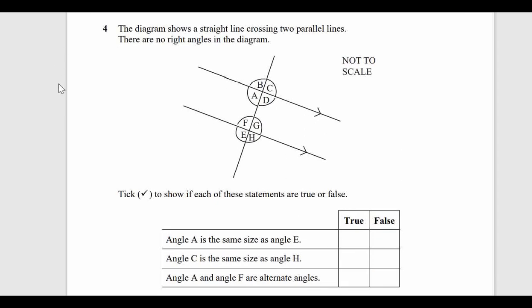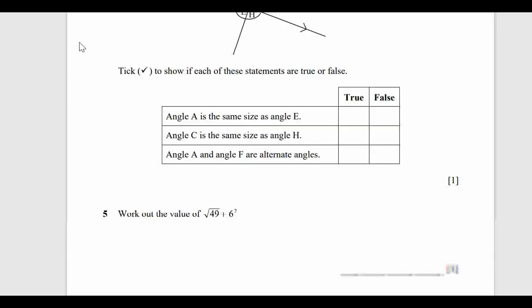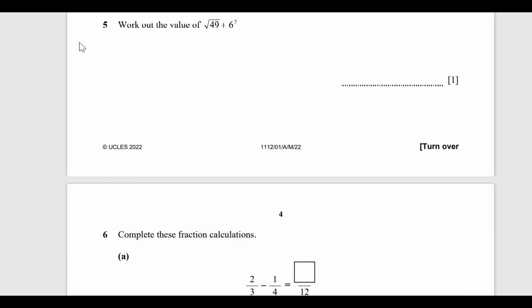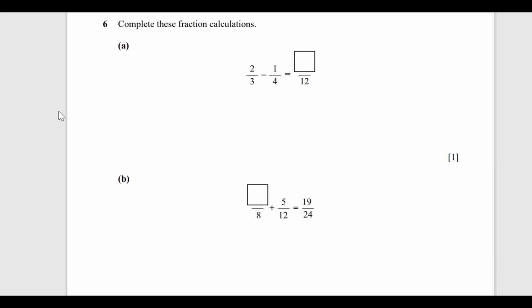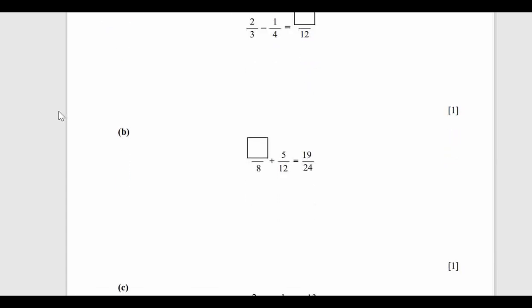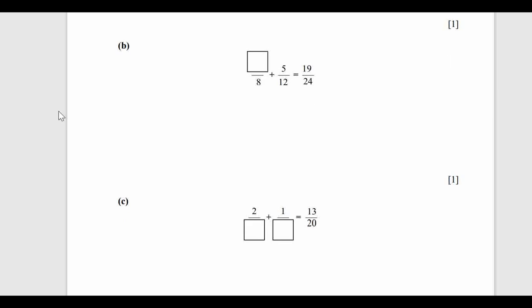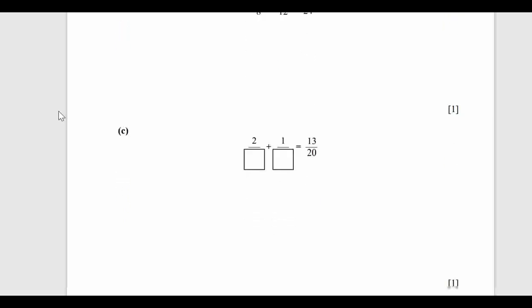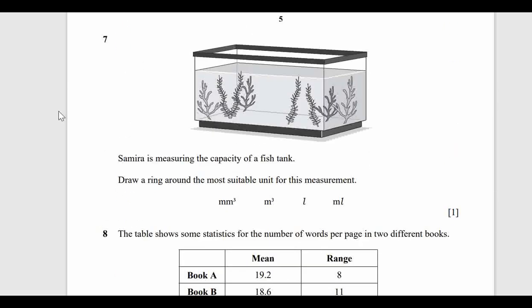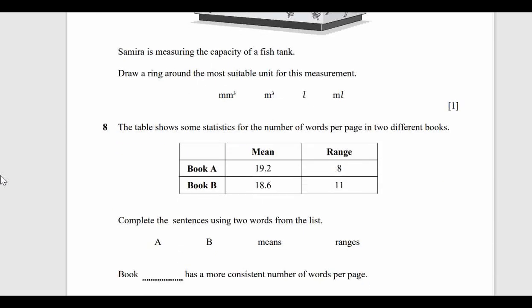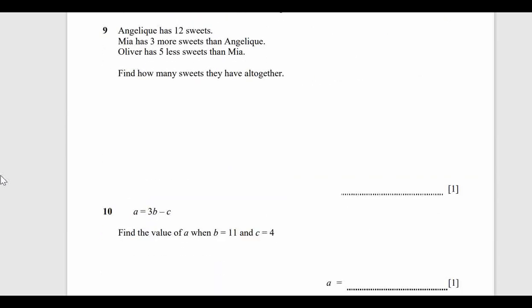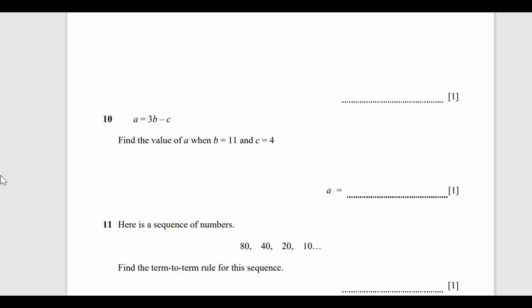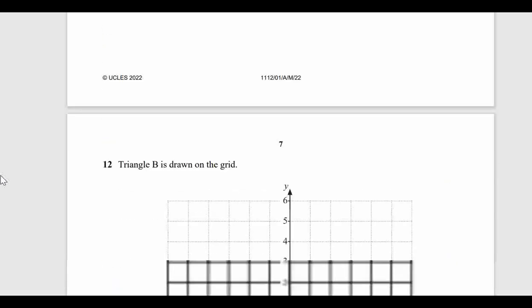And then we move on to question 5. And this is 6A and 6B, followed by 6C. And this is question 7, 8, question 9, 10, 11, 12.